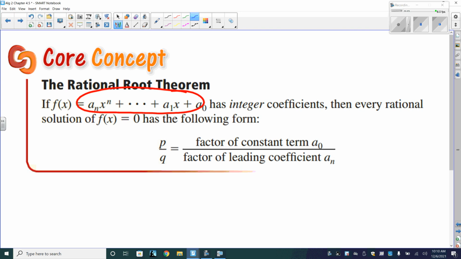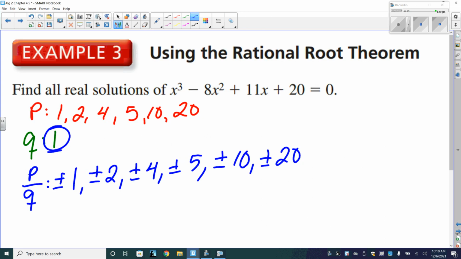So is it talking about all the solutions? No, every rational solution will form this here. Every possible rational solution is what this gives us. So if it does have rational solutions, this formula here will give it to us. Okay? Any questions on this here so far? Okay.